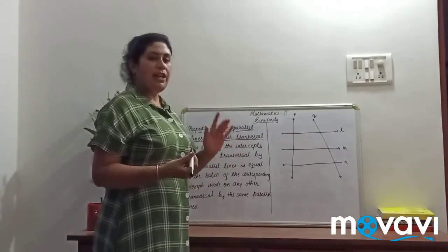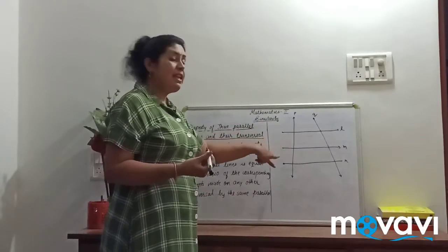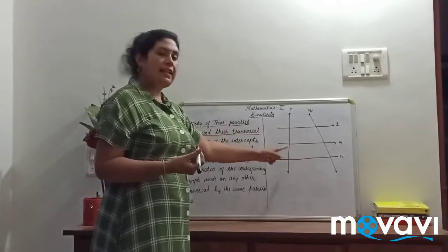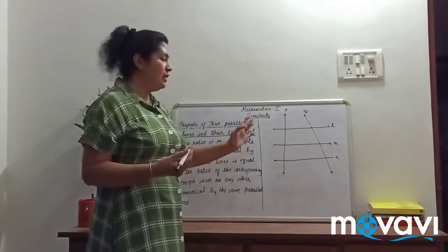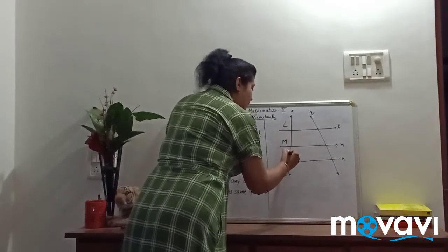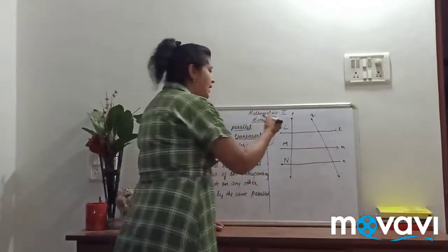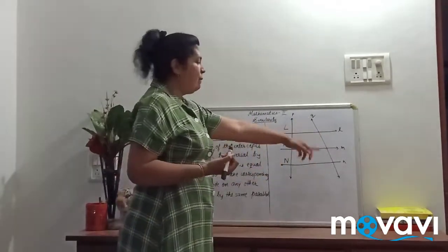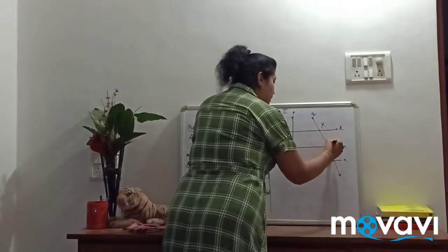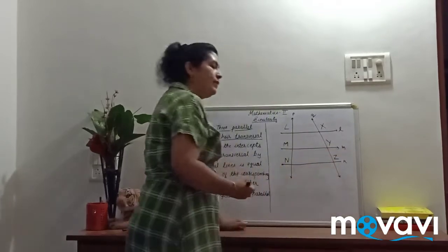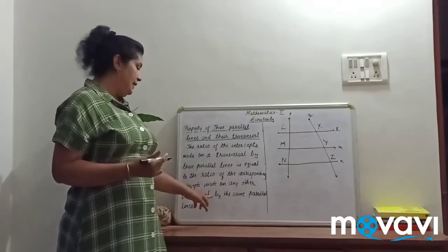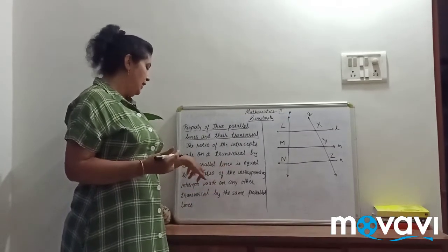But what we need to understand is that these three parallel lines have intersected this transversal at three different points. Okay, so let us name them. Let these be L, M, N, and the intersecting points formed because of transversal Q, let those be X, Y, Z. So what does this property state?